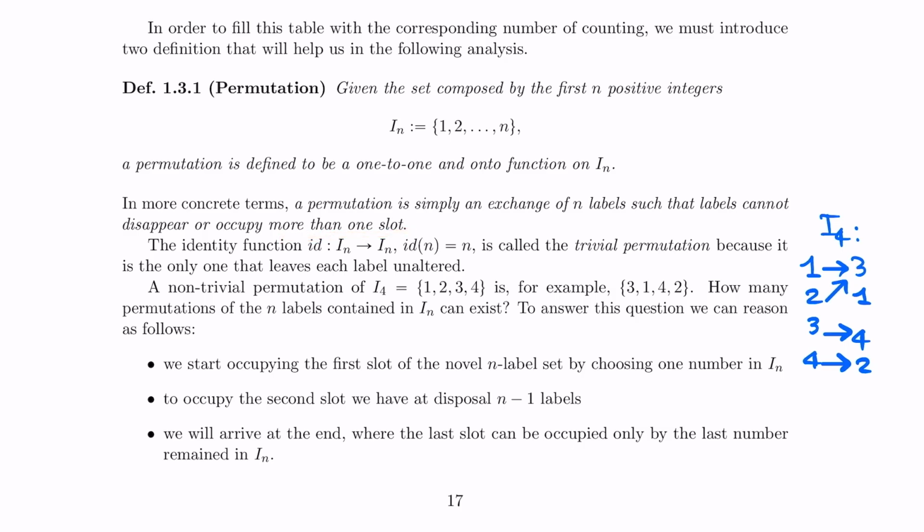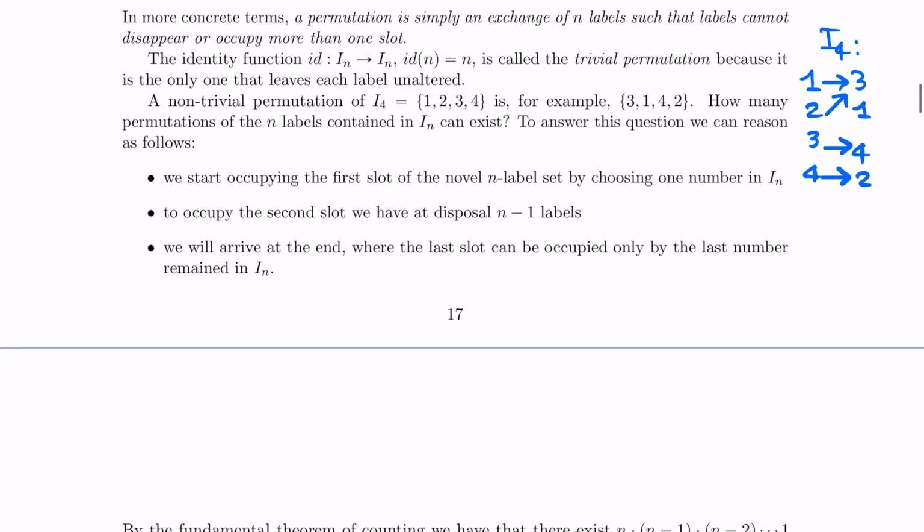For the following, it will be very important to understand how many permutations of n labels can exist. This is actually quite easy to understand, and we have to reason as follows. We start occupying the first slot of the novel set of labels by using one of the previous set, for example, this one here.